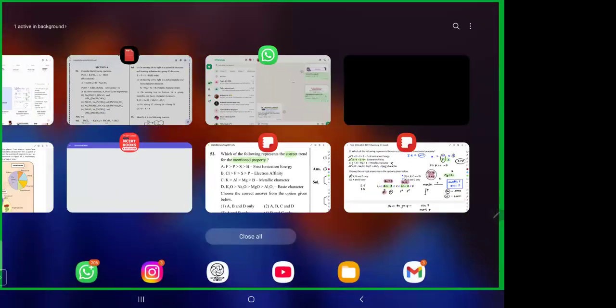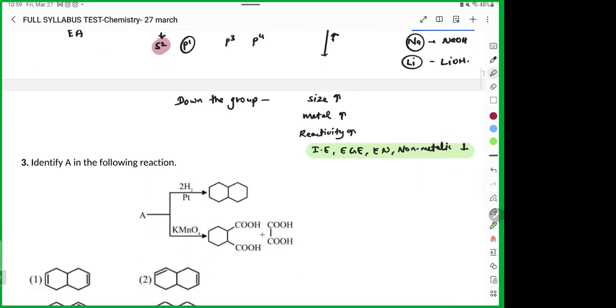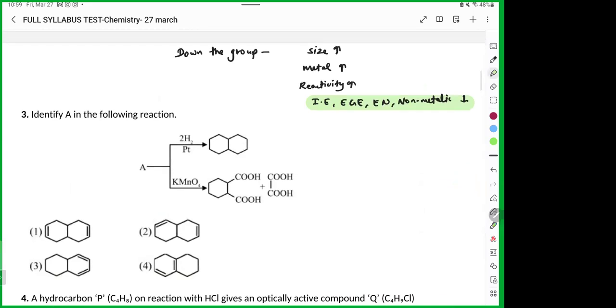Move to the next question. Organic. A compound, if you add hydrogen and platinum, it is a simple hydrogenation process.